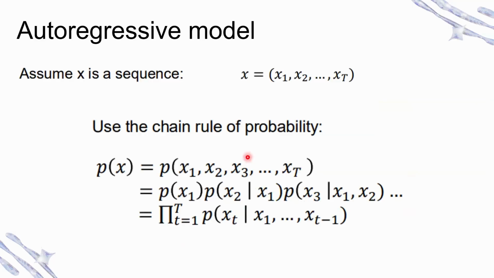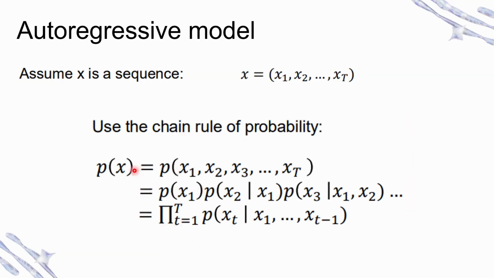Again, this is not crazy math, it's relatively simple. If we break down X into a sequence, say X1, X2 to XT, then we try to decompose the joint probability distribution over the sequence into a product of conditional probabilities.